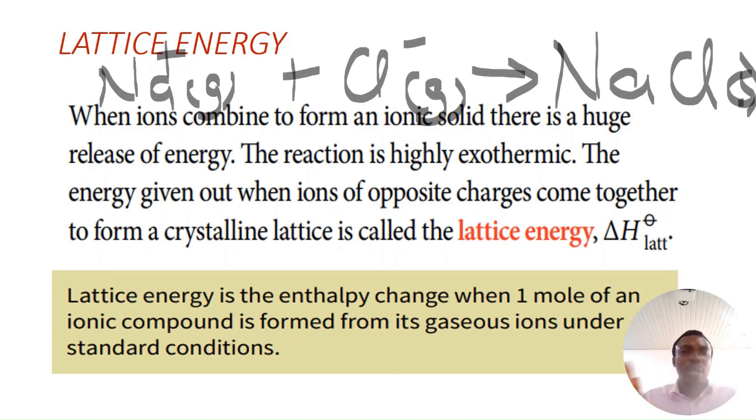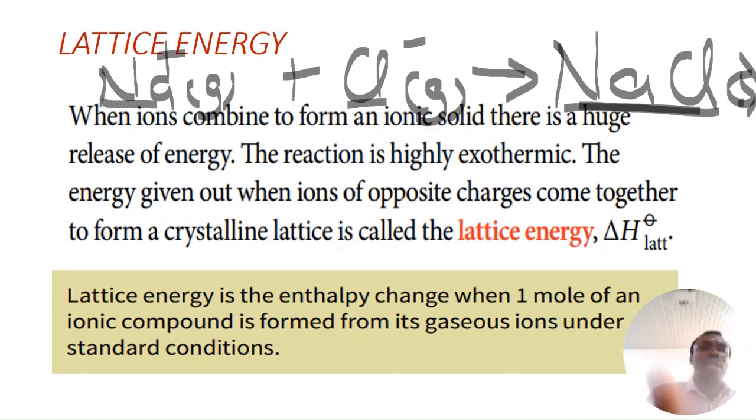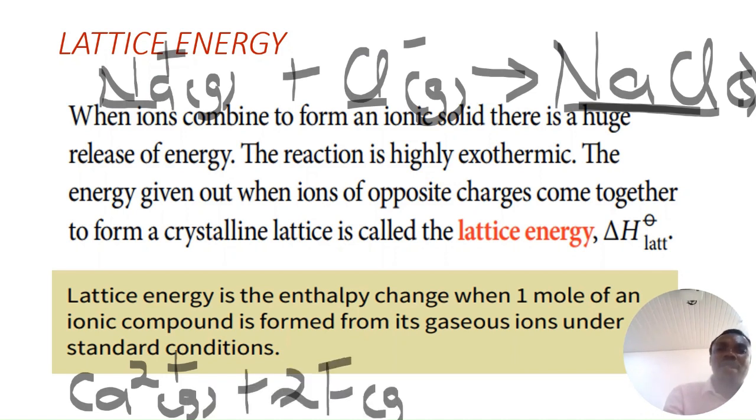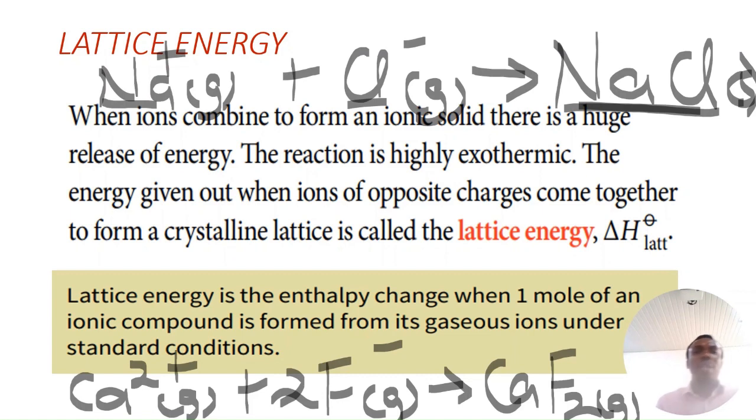So lattice energy is the enthalpy change when 1 mole of an ionic compound, sodium chloride, is formed from its gaseous ions, sodium ion and chloride ion, under standard conditions. Or when 1 mole of an ionic solid is formed from its gaseous ions, calcium ion plus fluoride ion, under standard conditions.